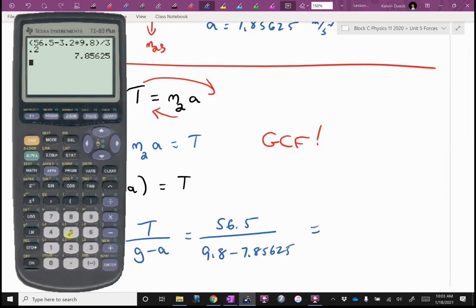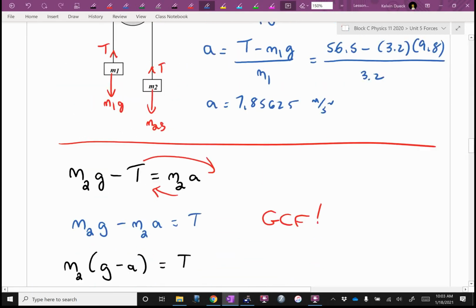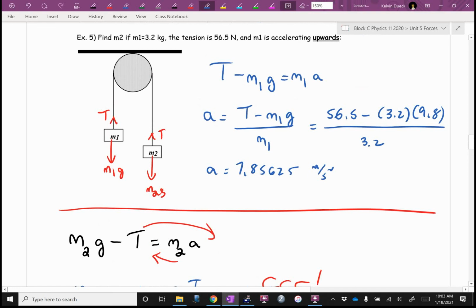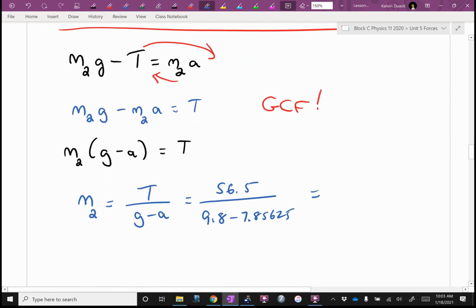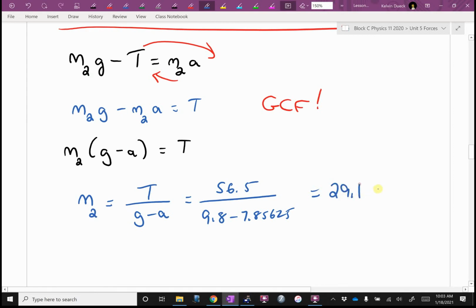Definitely brackets around the bottom here, although I don't need brackets around the top here. You get 29.1 kilograms.